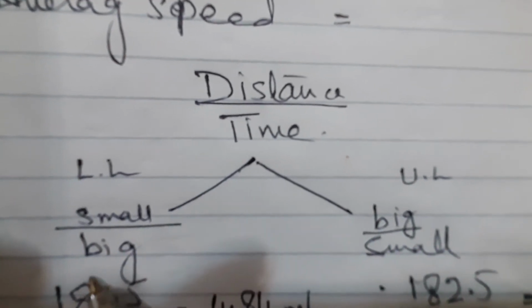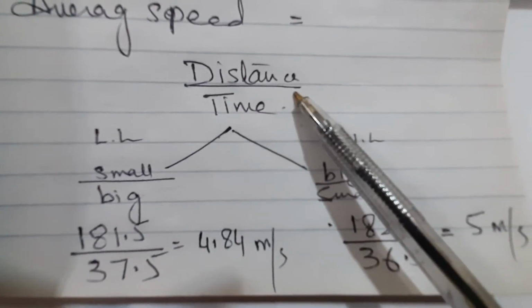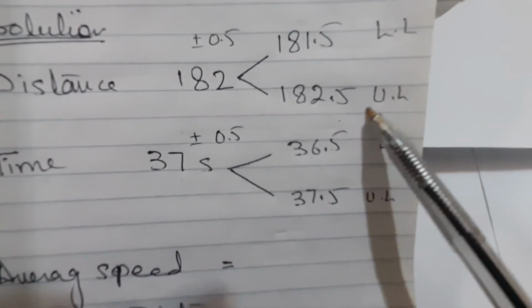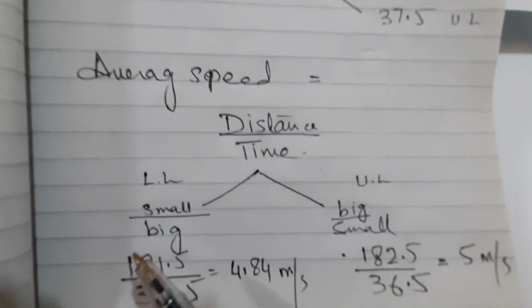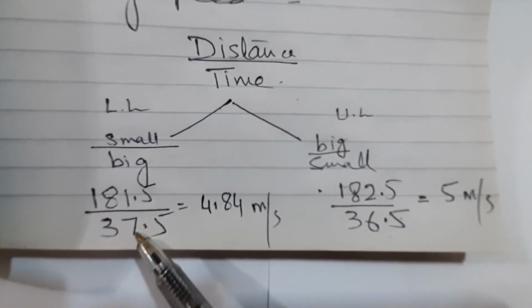Now once I have decided this, I'm just picking up the values. For the distance, the upper limit was 182.5 and lower is 181.5. You can see here I'm simply substituting the values from there.